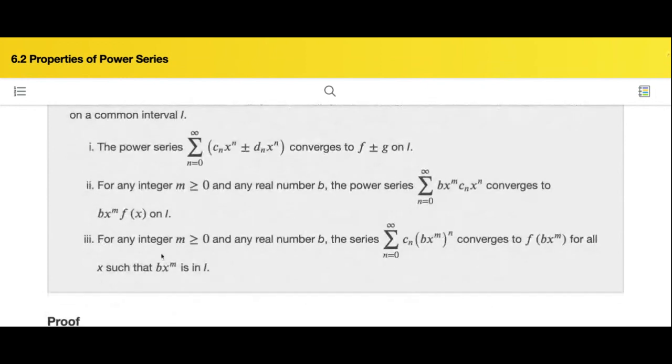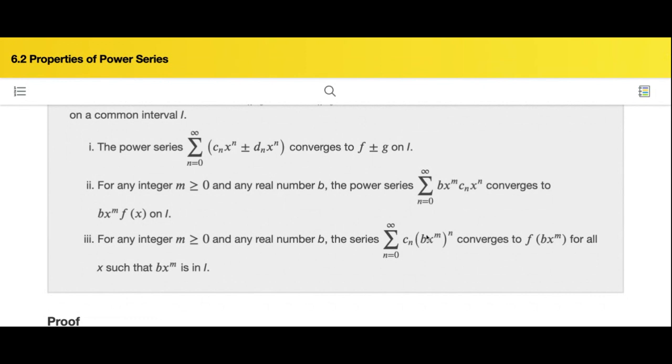Third, for any non-negative integer m and any real number b, with the same condition as the second, the series sum of c_n times (b x^m)^n now. So basically the x becomes b times x raised to m.